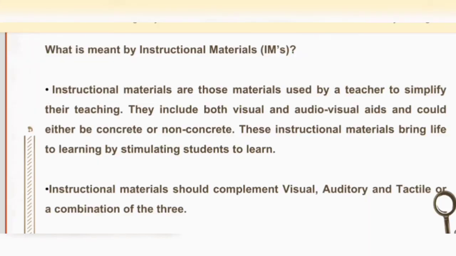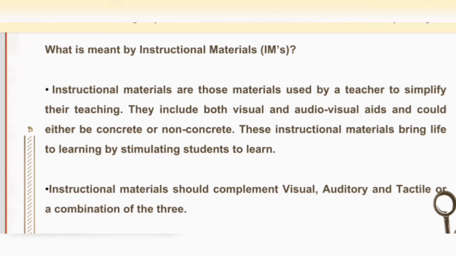Next, what is meant by instructional materials? Instructional materials are those materials used by teachers to simplify their teaching. They include both visual and audiovisual aids and could either be concrete or non-concrete. These instructional materials bring life to learning by stimulating students to learn.